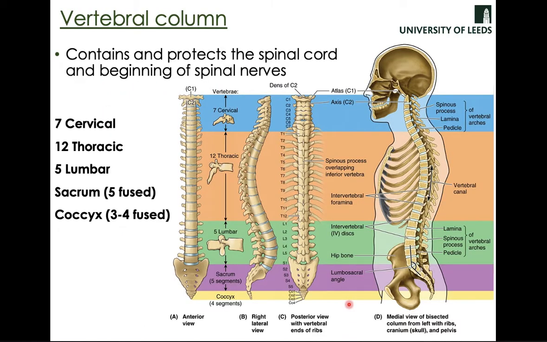Now, of course, if we talk about the spinal cord, we need to mention the vertebral column, because it is this vertebral column, composed of approximately 33 bones, which houses and protects the spinal cord.